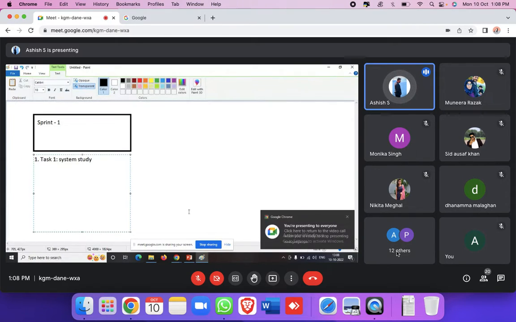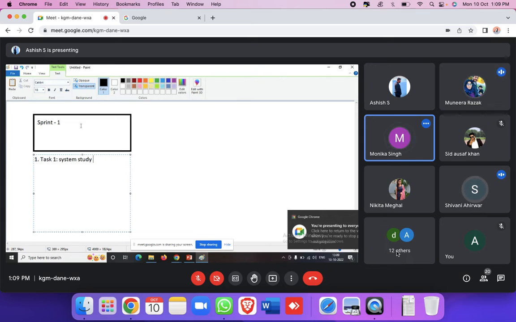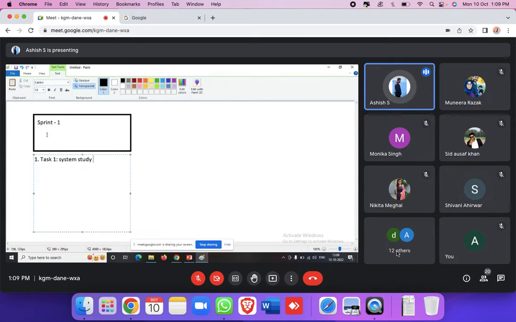So I have created sprint one. Is Paint visible now? Yes, sir. Coming to this sprint one, we have a task of system study. Task 2 is we have to write the scenarios. Task 3 is we have to write test cases.